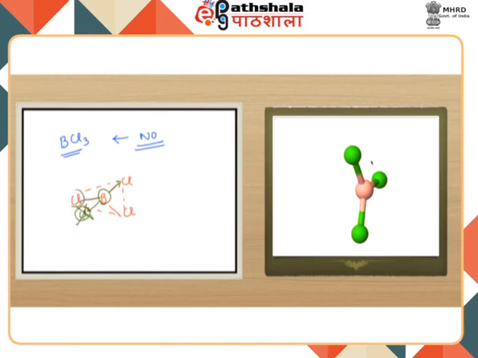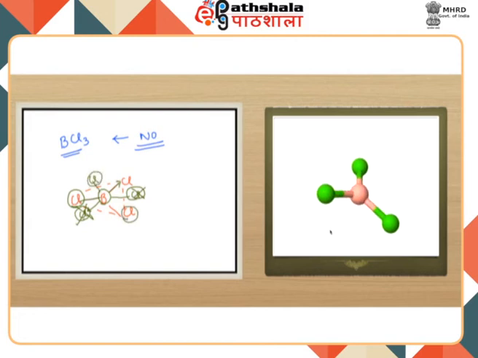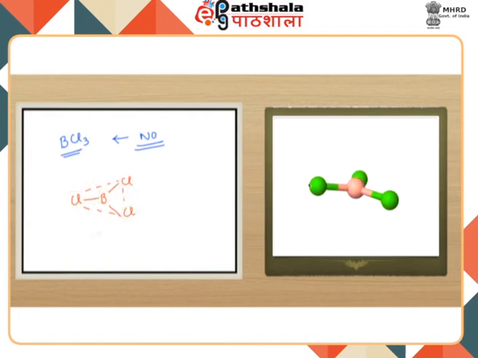And similarly for this chlorine atom, there should have been a chlorine atom here, which is again not the case. And similarly for this chlorine atom, there should have been a chlorine atom diagonally opposite, which is also not the case. So what we conclude is that in BCl3, there is no center of symmetry or location of point of symmetry.